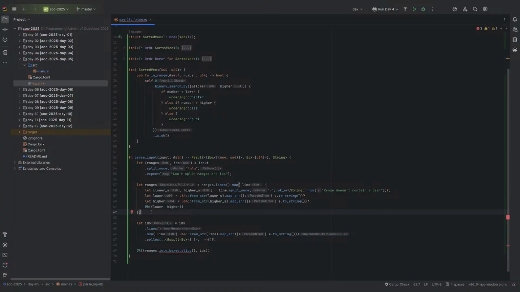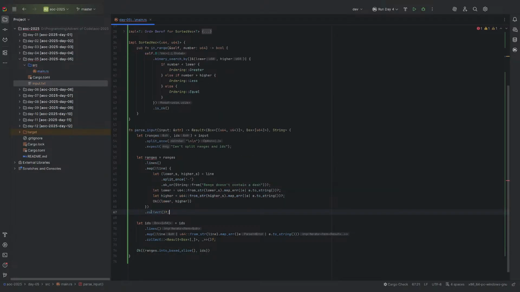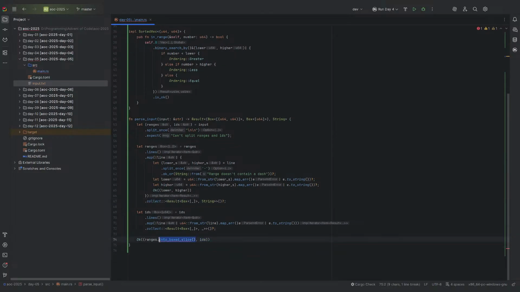Alright, that converts to that. Collect. Doesn't need type annotations. Yes. Turbofish time. Result. Box slice. Don't need to go into box slice anymore. Alright, that's the difficult part done, I think.